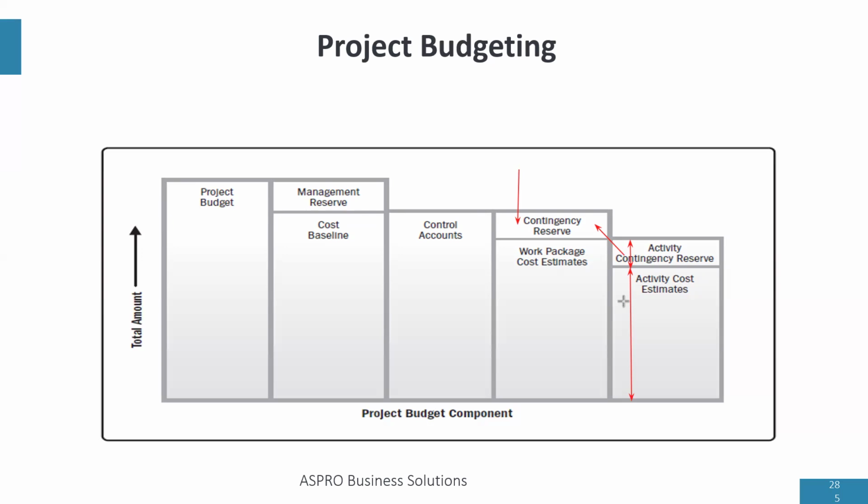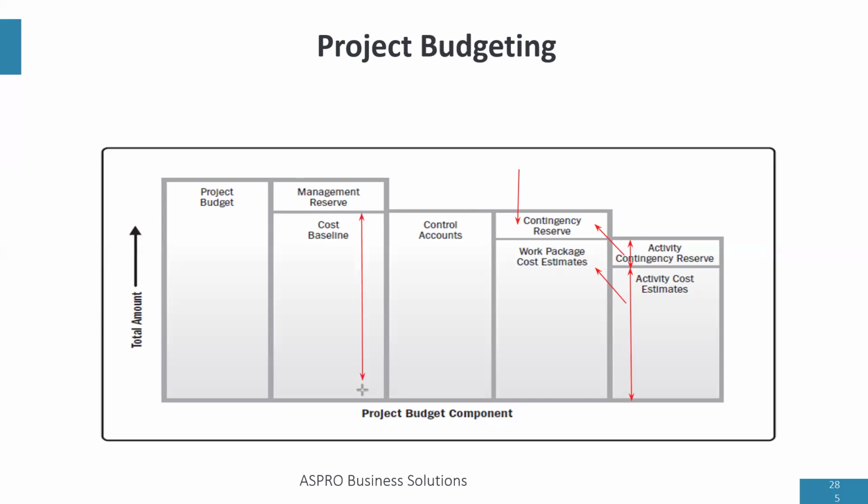Then when you add up all the activity cost estimates, you're going to get the cost of the work packages. Why? Activities fall under the work packages. So when you add all the activity cost estimates together, we get all the work package cost estimates together. Now, this is what determines the cost baseline.